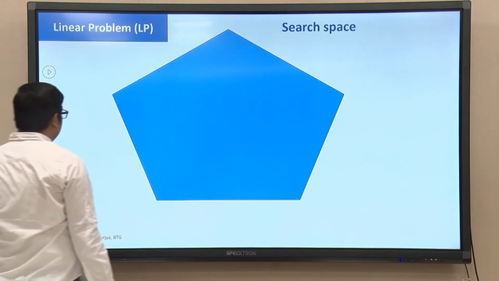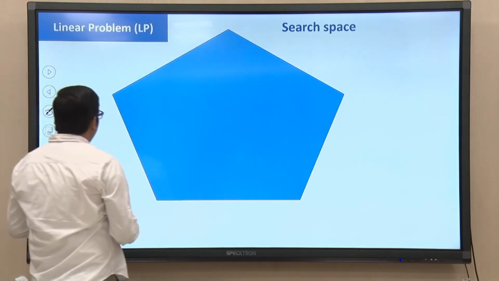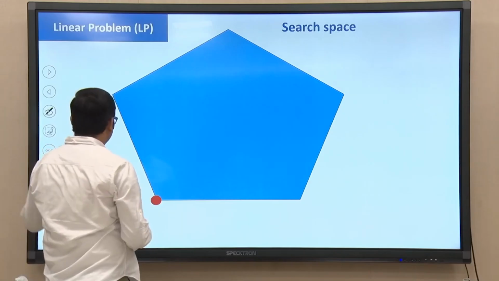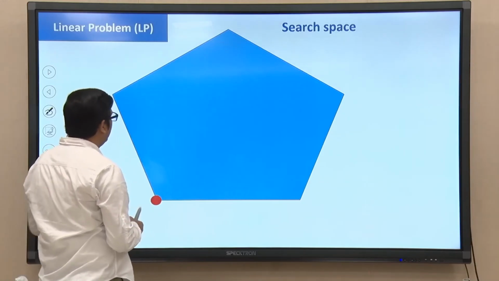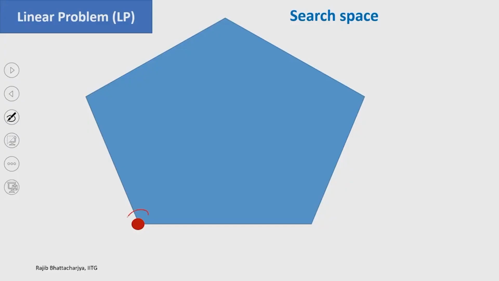Now, as I have already explained, whatever the optimal solution is, it will be in one of the corners. Okay. So, either in this corner or in this corner or in this corner or in this corner or in this corner. Therefore, whatever method you want to develop or use, I would like to look at the corners of the search space, because the solution will be in one of these corners.